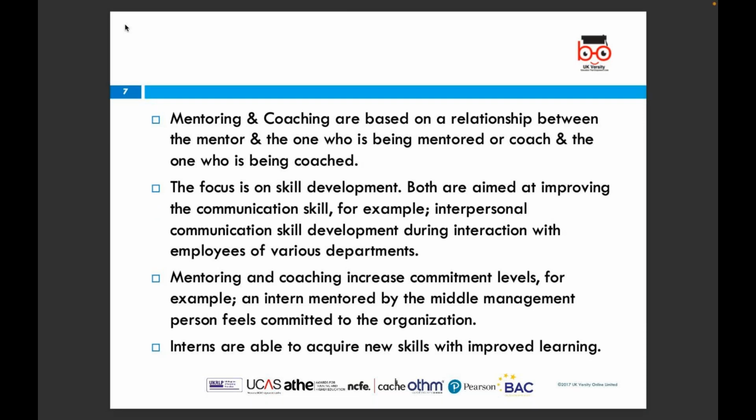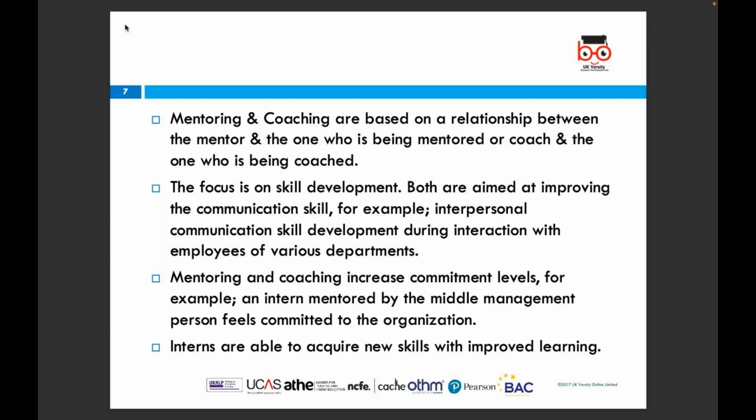So next, mentoring and coaching are based on the relationship between the mentor and the one who is being mentored, or the coach and the one who is being coached. So the focus is on skill development. Both are aimed at improving communication skills.